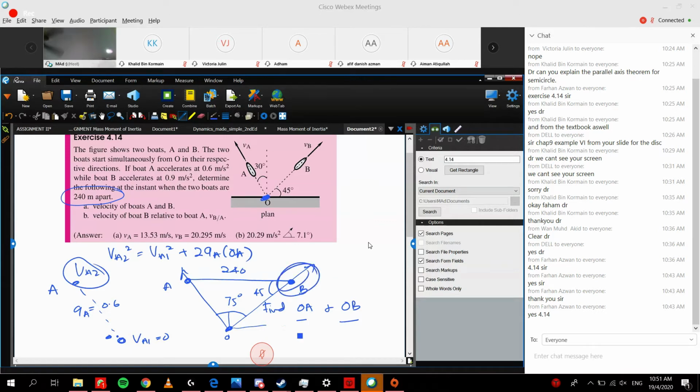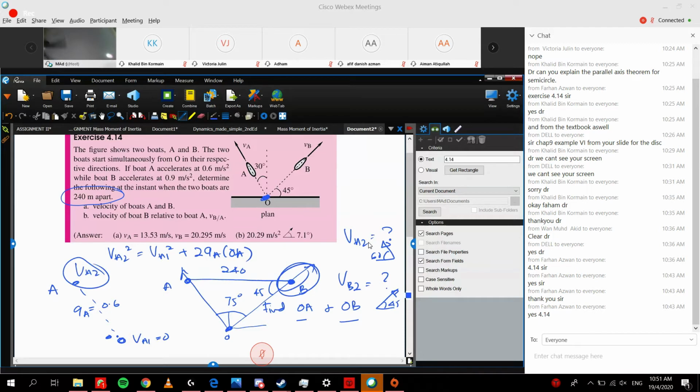Once you know the velocity, your VA2 will be a certain value at an angle of 60 degrees. Your VB2, using the same method, you will get a certain value with the angle of 45 degrees.